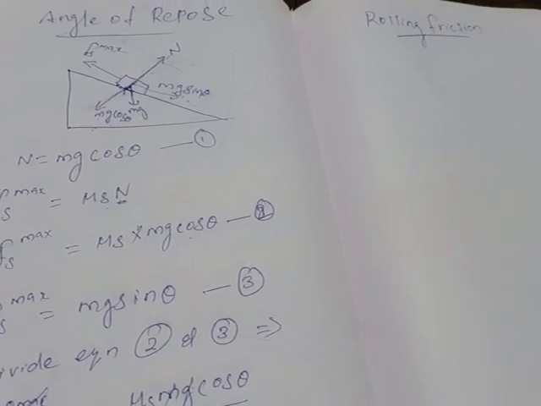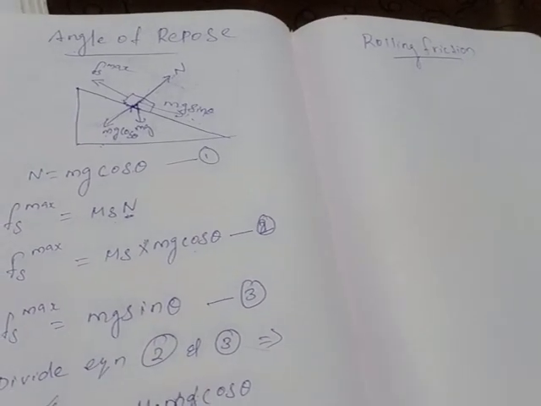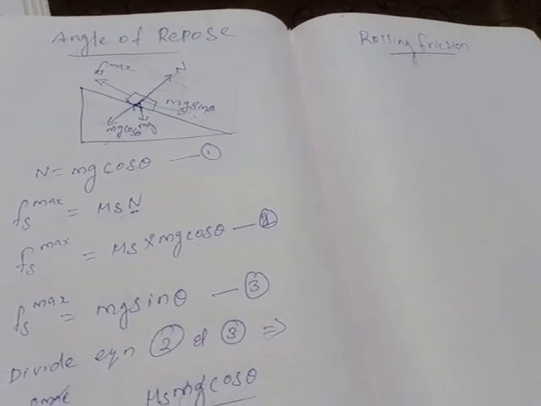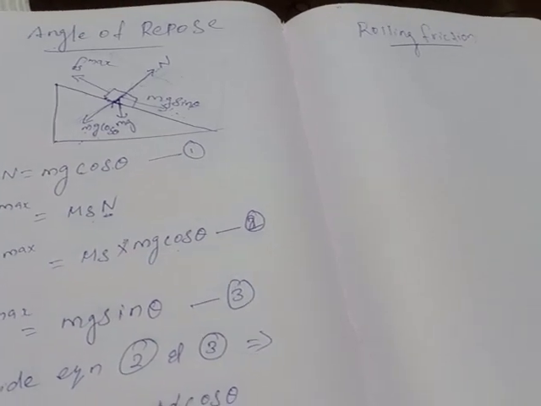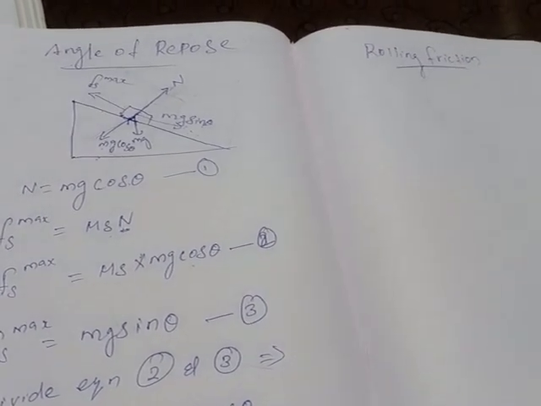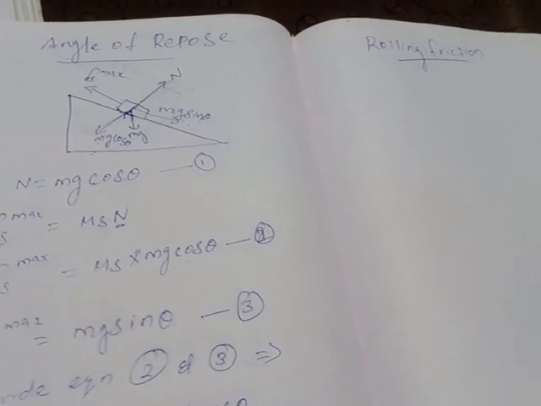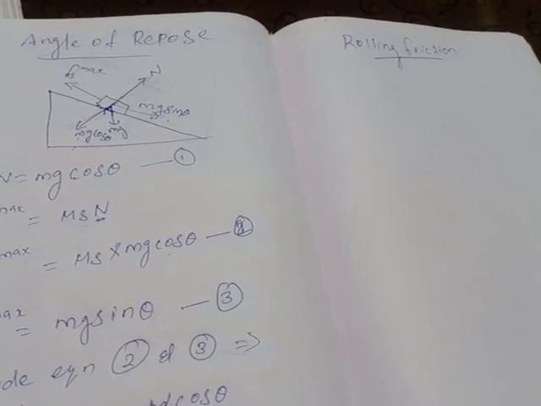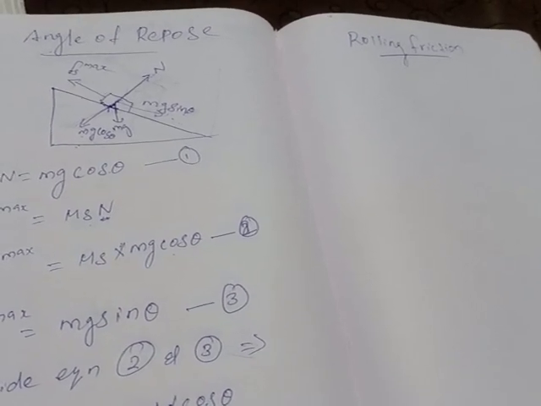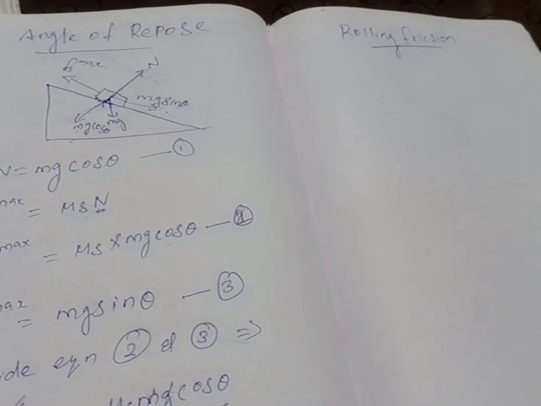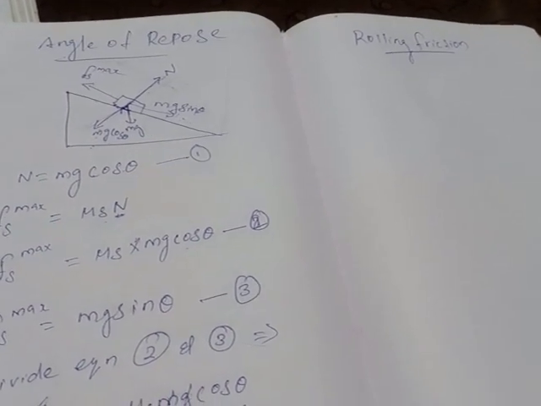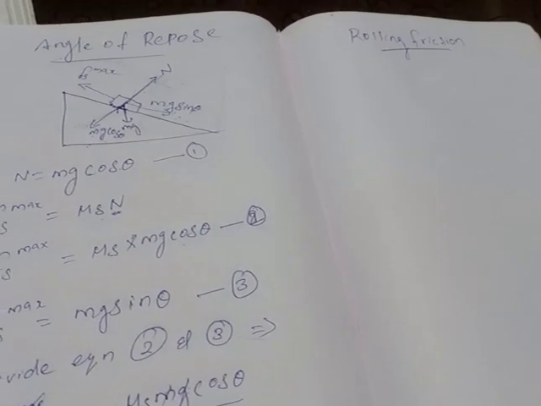When an object moves on a surface, suppose there is a table in your house. If you want to move it, we push or pull, and the object will slide. But if you fix a wheel on that table, it will give a motion which is called rolling motion.